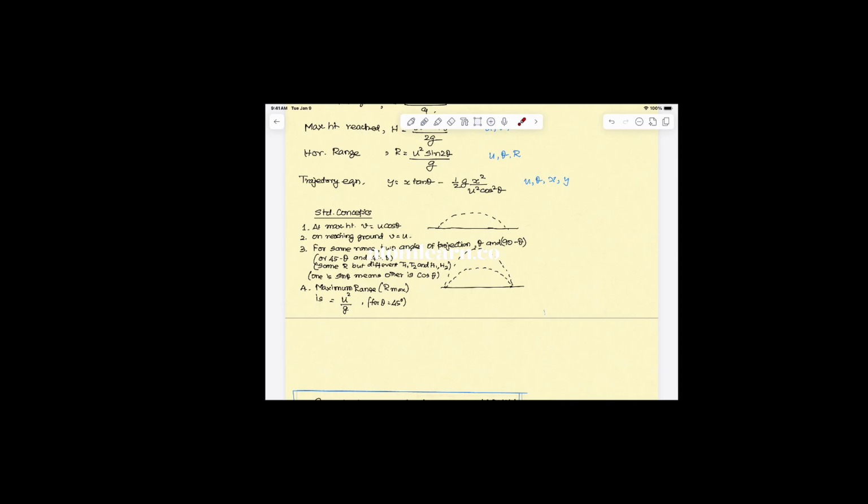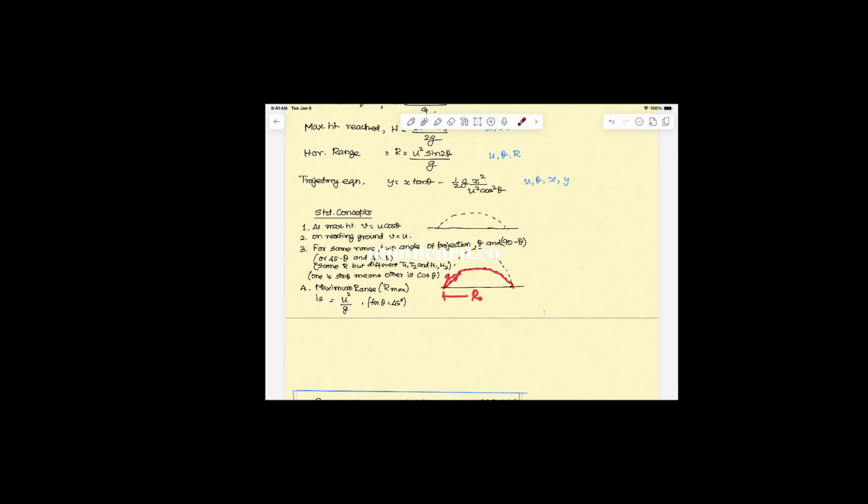Then the third standard concept is, for the same range, two angles of projection, theta and 90 minus theta, both give the same range R. Like this now, suppose for the same initial speed u, you can project like this or like this, both will fall at the same point on the ground.